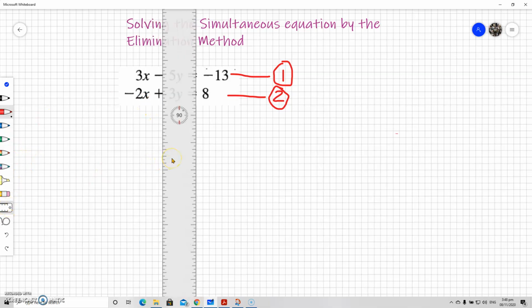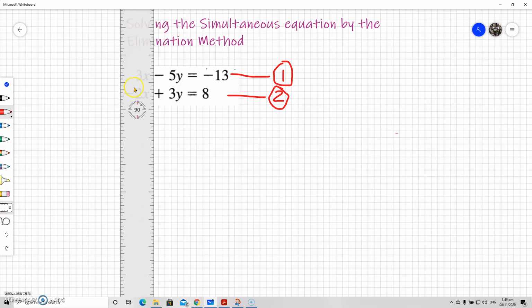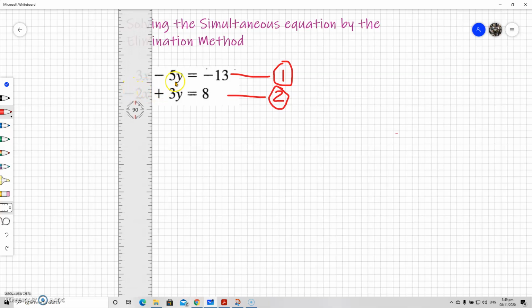You look here, you have 3x, you have minus 2x. It's not the same coefficient. The idea is to bring it to the same coefficient. So you take equation 2 and multiply by 3, you'll get minus 6x. If you take equation 1 and multiply by 2, you get 6x. Similarly, let's look at the y terms. If I take equation 1 and multiply by 3, I'm going to get minus 15y.